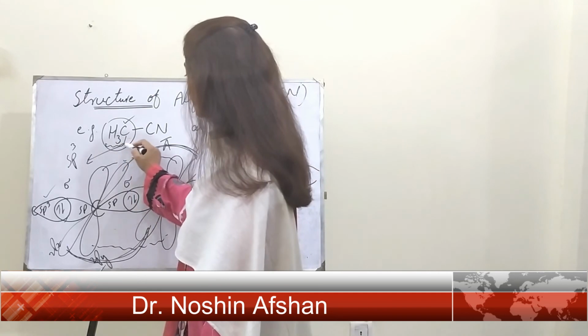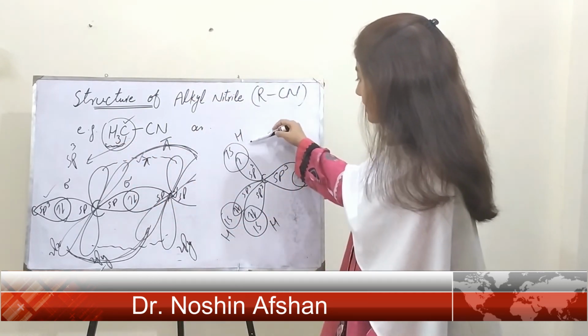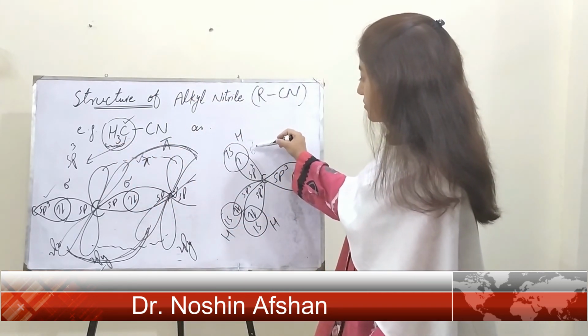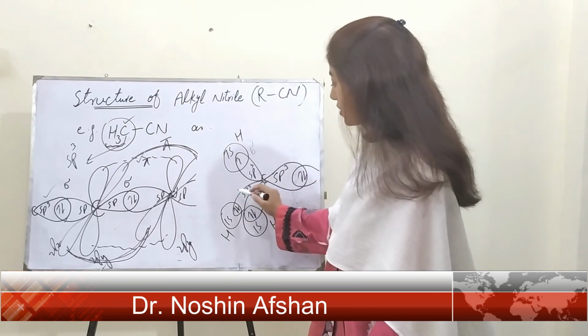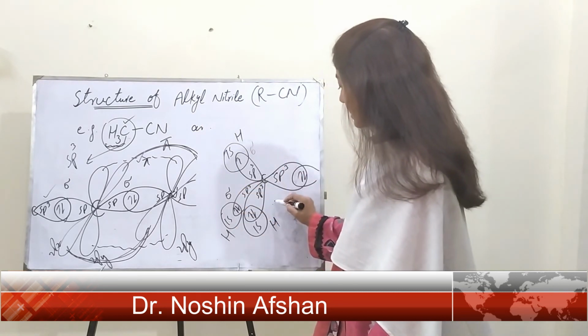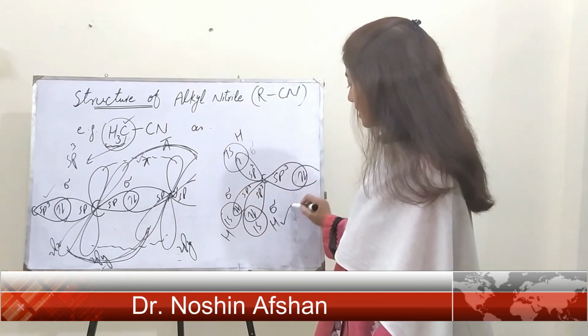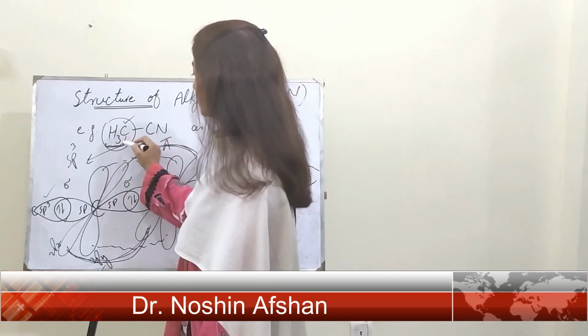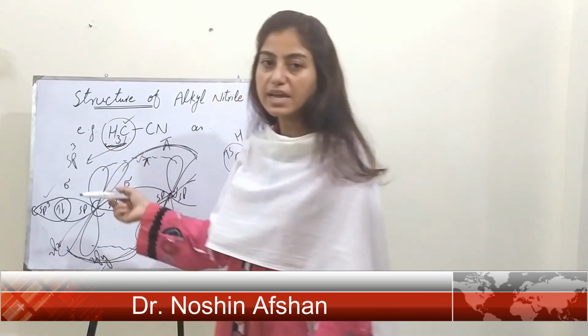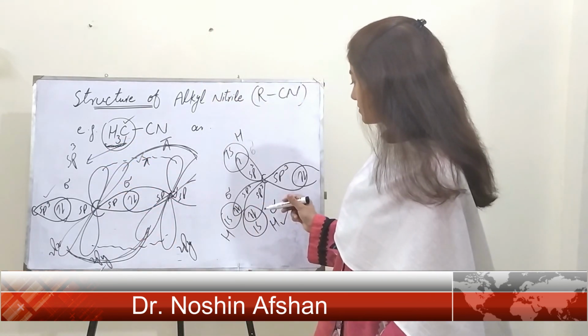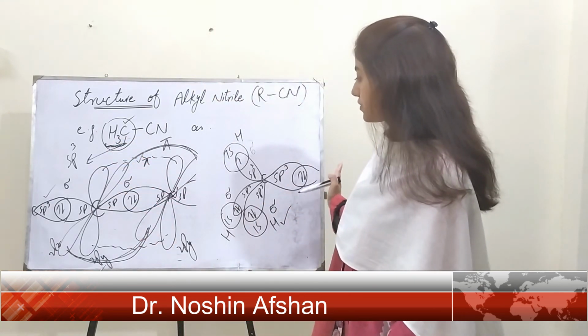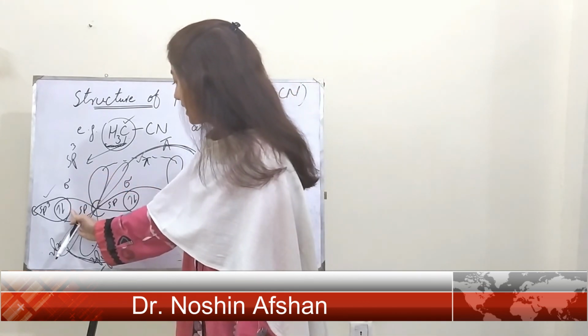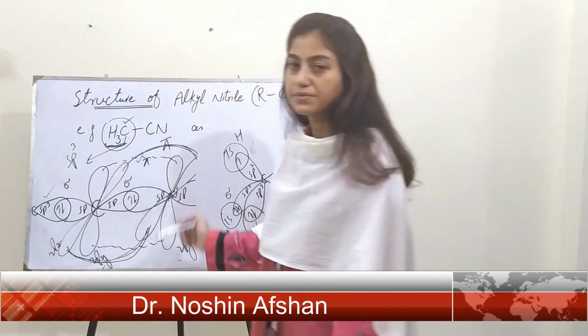Because here these three hydrogen atoms have been satisfied like this: one sigma bond with this hydrogen, one sigma bond with this hydrogen, and one sigma bond with this hydrogen. In this way, these three sigma bonds would be formed with these three hydrogen atoms, and the rest of the structure would be the same as drawn here.